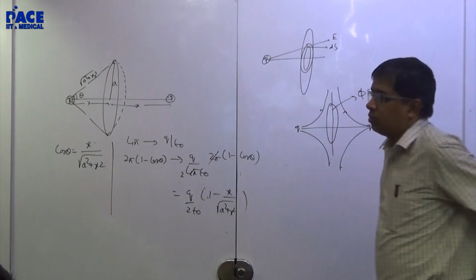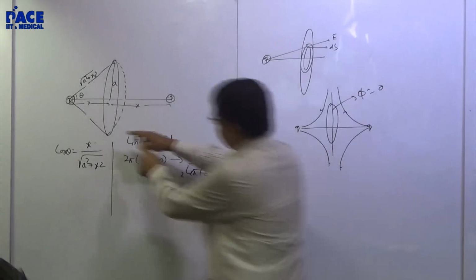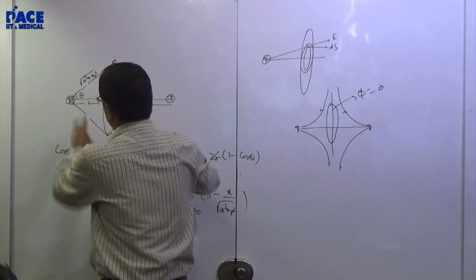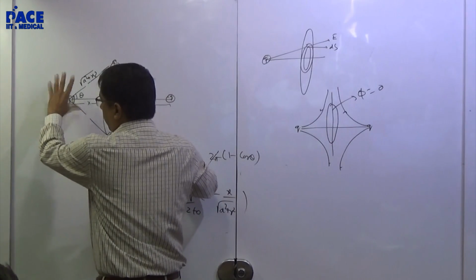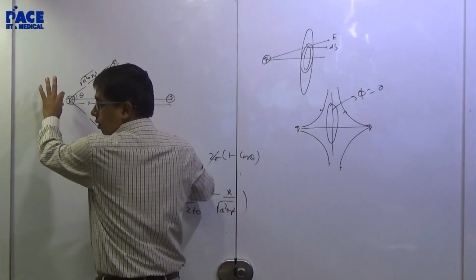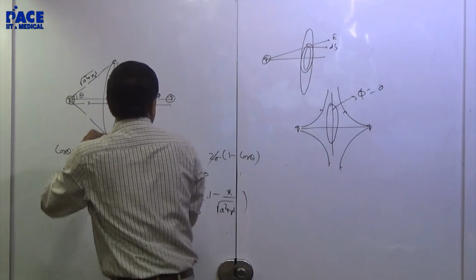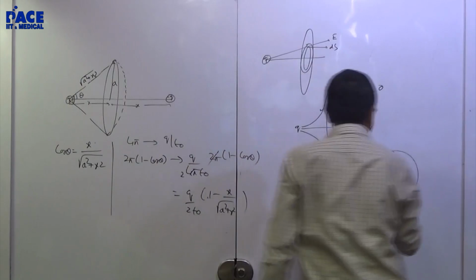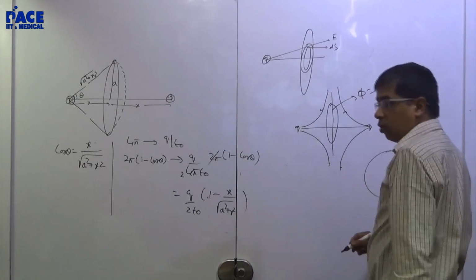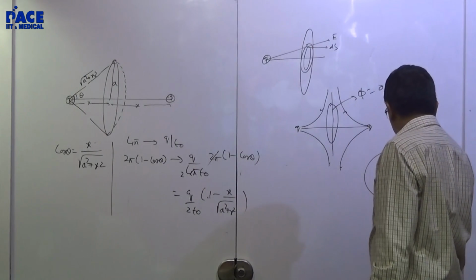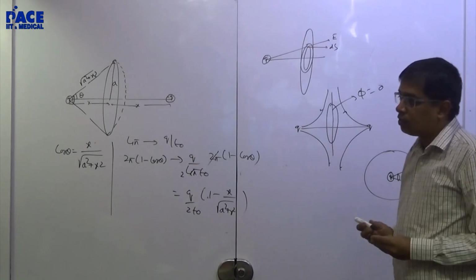If this whole sphere subtends a closed surface, 4 pi will be the angle at this particular point. Right? For 4 pi solid angle, the flux will be q by epsilon naught. For this solid angle, what will be the flux?